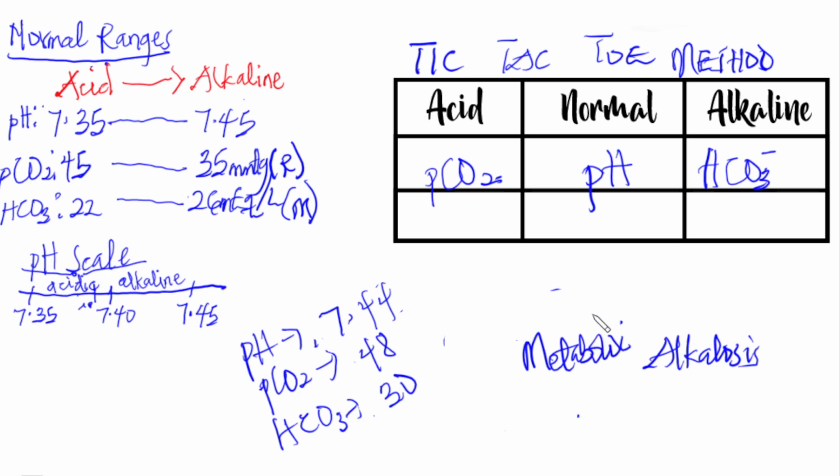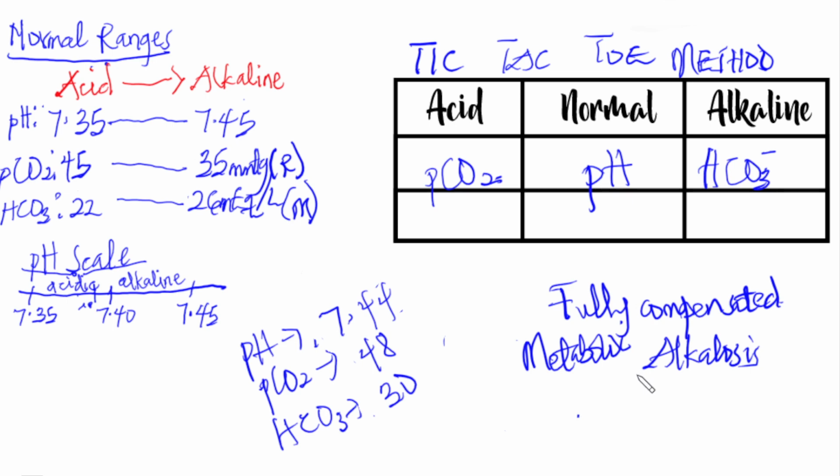And I told you earlier, as far as you see pH is normal, this situation is what? Fully compensated for. So you can say this is a fully compensated metabolic alkalosis, or in other words, you realize that PCO2 is acidic, so meaning there's a secondary respiratory acidosis, which is trying to help out the primary metabolic alkalosis, or in other words, compensate for it.